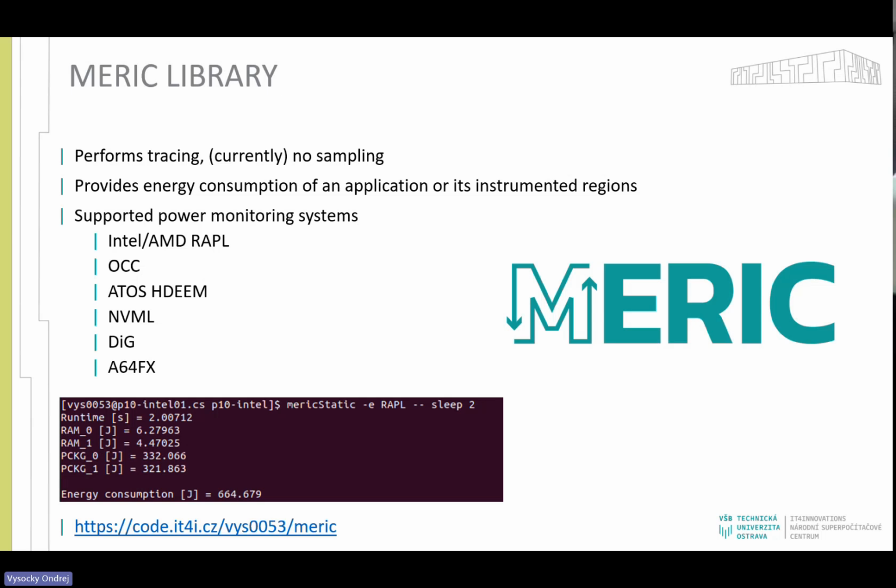It knows whether these power domains are inside each other or not, and it also handles the overflows, for example, for the RAPL. So you do not have to care about that since it samples in time.